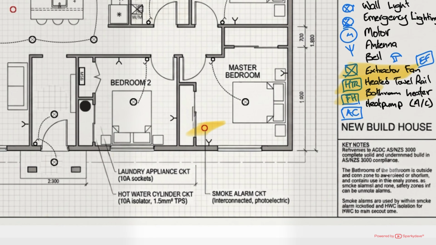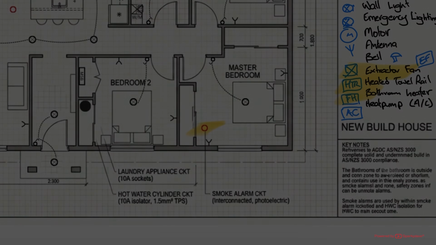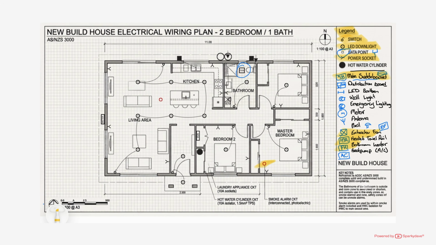Sometimes they're on separate plans. Most of the time, the smoke alarms on the plans won't even be compliant. Smoke alarms installed these days must comply with NZS 4514, and there's some great systems on the market that are interconnected wirelessly.